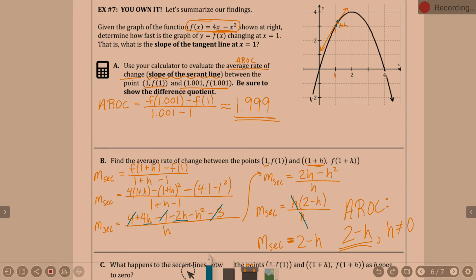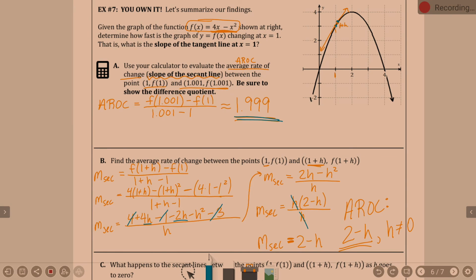And at that point, we're asking, what's the slope of this line at 1? Well, that slope is going to be 2, which matches up. That was between 2 very, very close points that we found the slope to be 1.999, right?